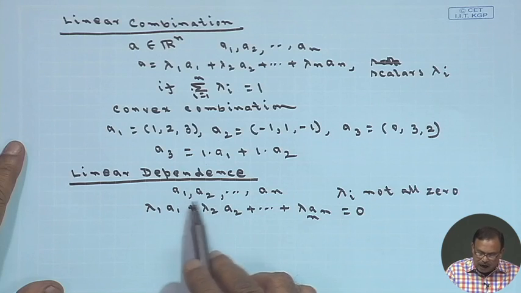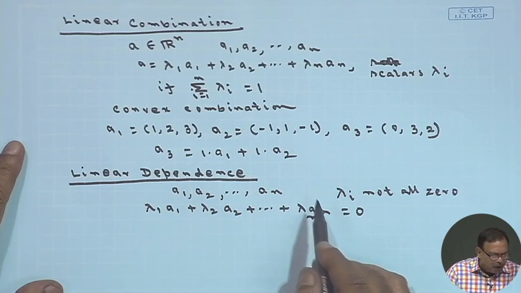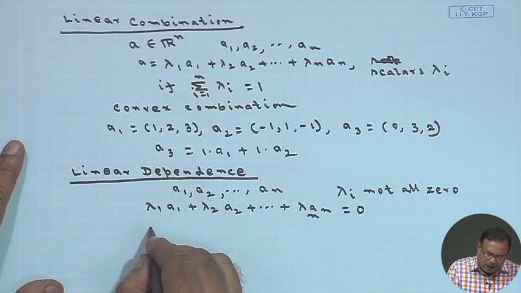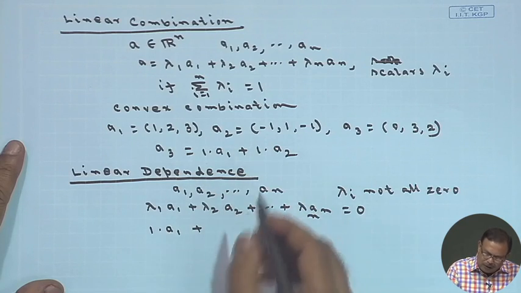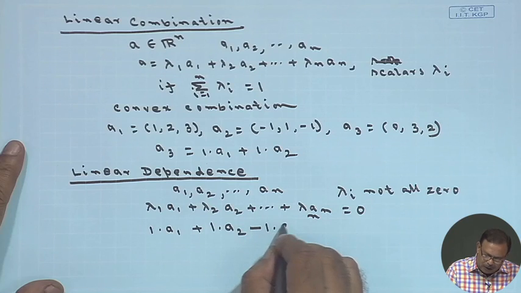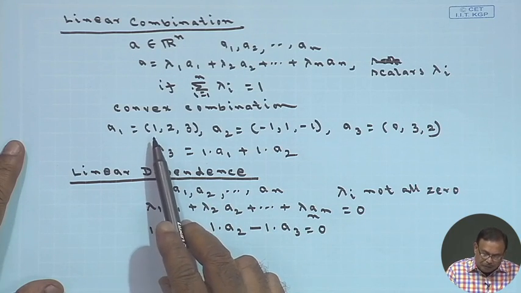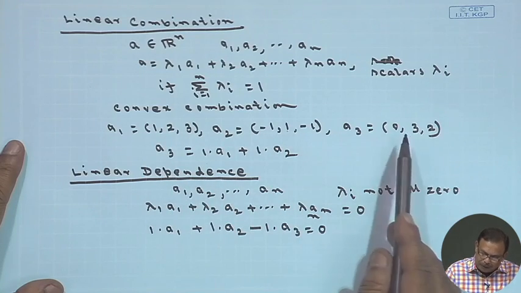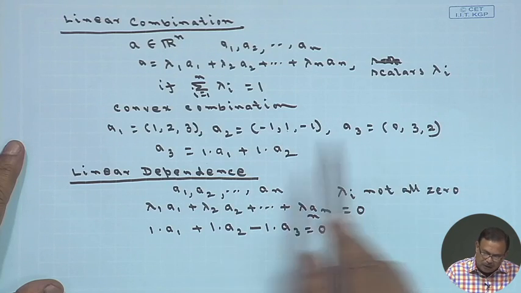Please note that here all the lambda i's will not be 0. In the earlier example, if you take 1 into A1 plus 1 into A2 minus 1 into A3, this equals 0. 1 into A1 plus A2: 2 plus 1 is 3, minus 3 is 0.